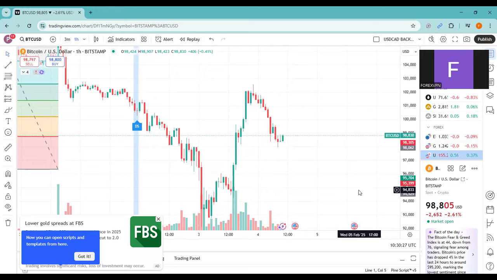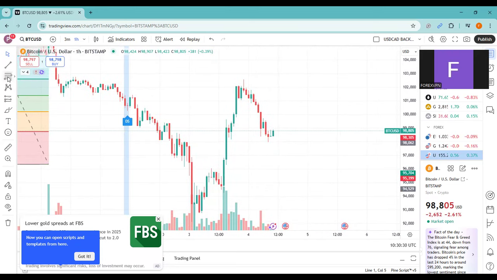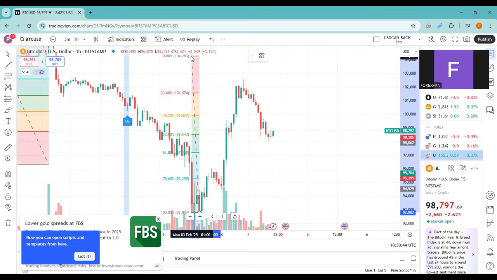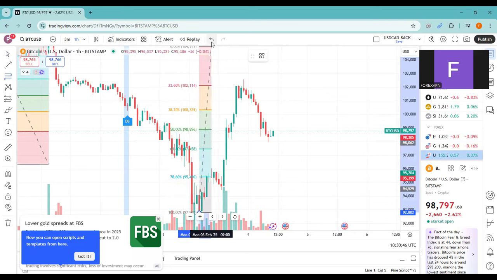So we come again, Fibonacci retracement, and then since we are looking out for buy action, we start from the swing low, and then we take it to the swing high. You can see the swing high, that's that point.